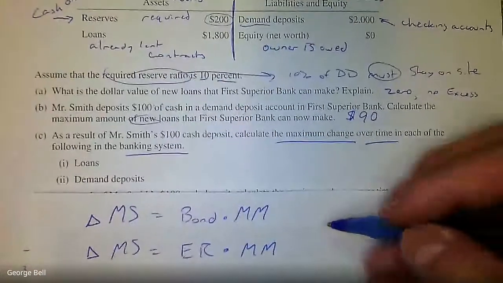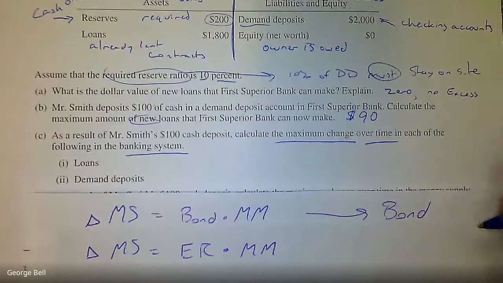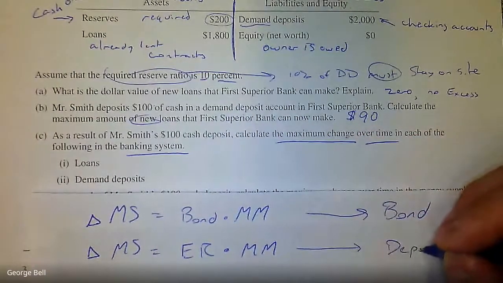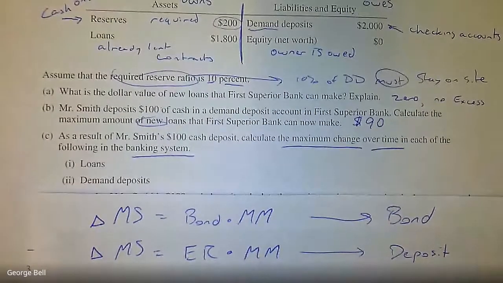We use the first formula when we're dealing with the Fed buying or selling a bond. We use this multiplier when we're dealing with a deposit. And now you'll need to memorize this. This is the AP exam standard operating procedure that you have to know these formulas. They do not give you a formula sheet or calculator.